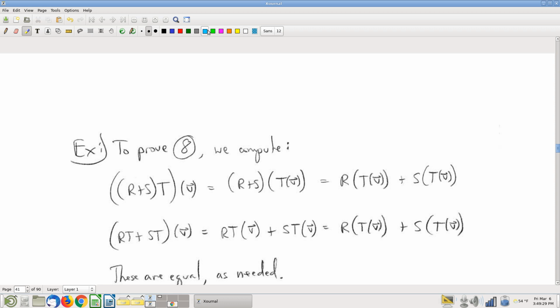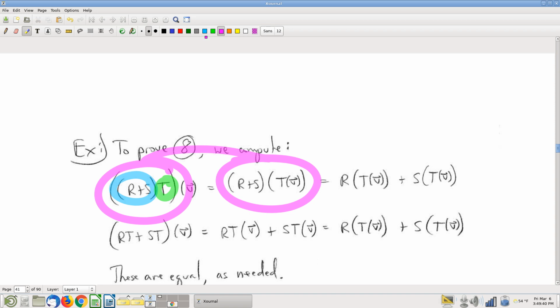Notice we have here a product. That times that. We multiply by composing. Notice I'm first plugging into T, and whatever comes out of there, I'm going to plug into R plus S. Straight up composing.